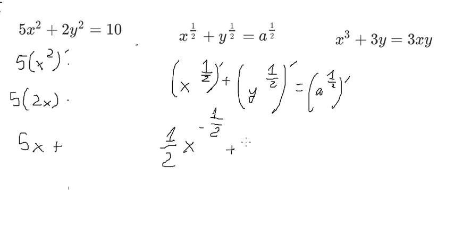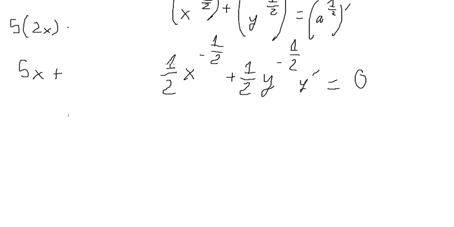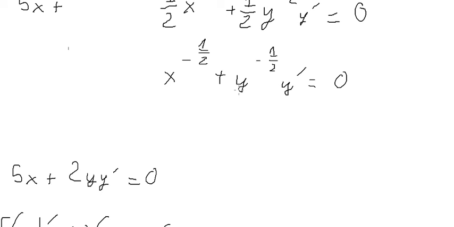This one we do the same, similar, and you get y to the power of negative 1 over 2, and we have the first derivative of y. This one you get 0. So we simplify 1 over 2, 1 over 2. So we put this one to the right, and we divide both sides by this one.